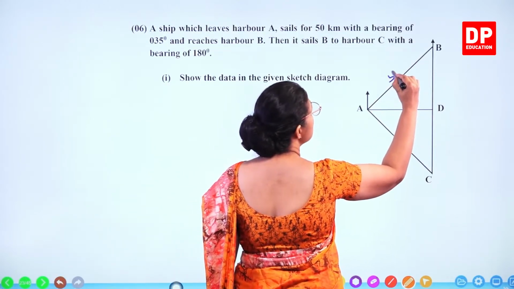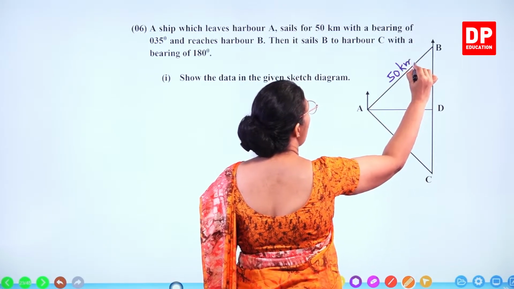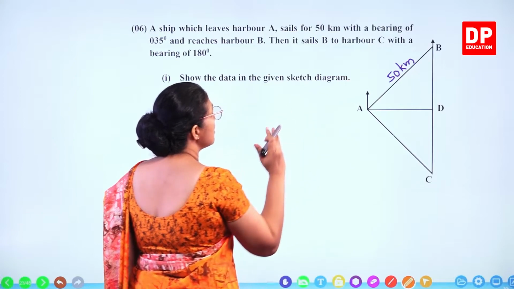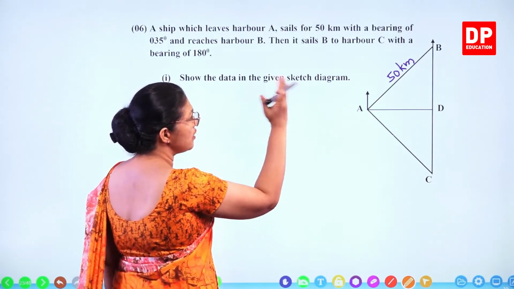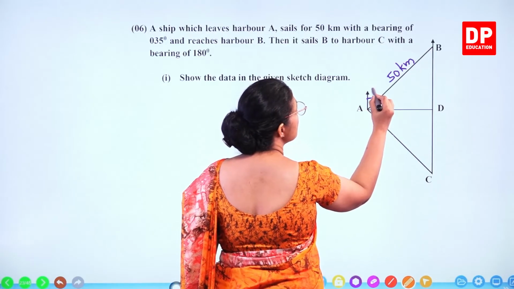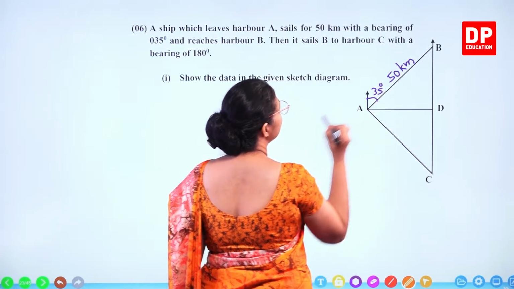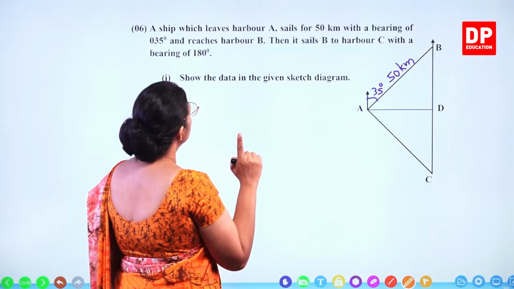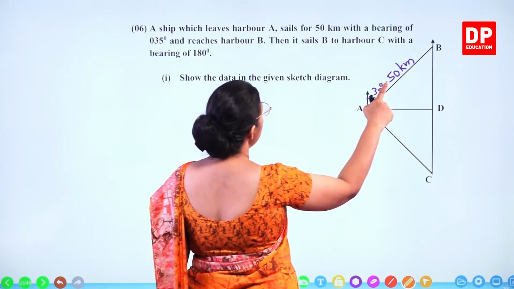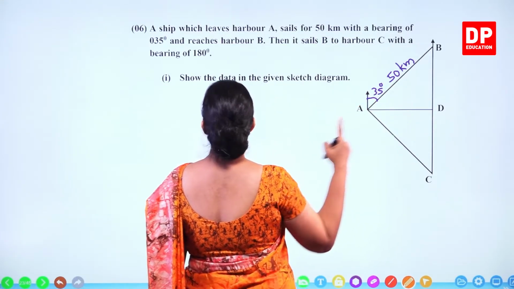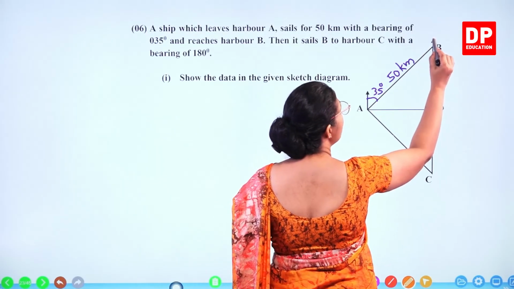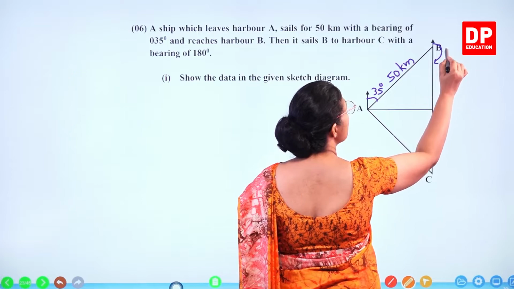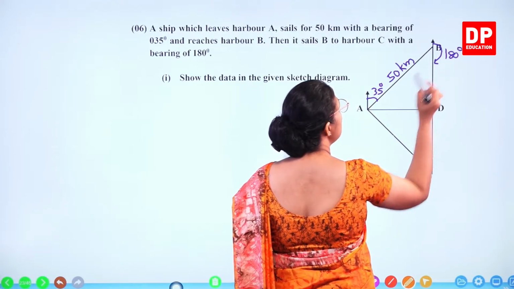From north in the clockwise direction, this is 35 given. So it reaches harbour B. Then it says B to harbour C with a bearing of 180. So a bearing of 180 means this angle is 180. So it's a vertical line.